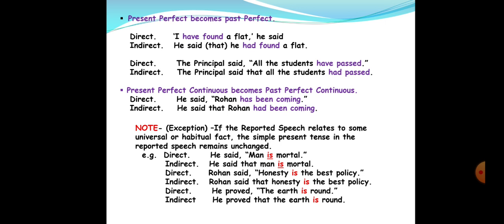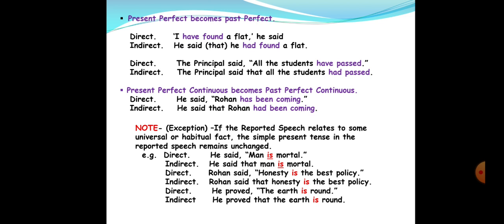Similarly, present perfect becomes past perfect. If you write in direct speech, I have found a flat, he said, it will become, he said that he had found a flat. Another example, direct speech, the principal said, all the students have passed.